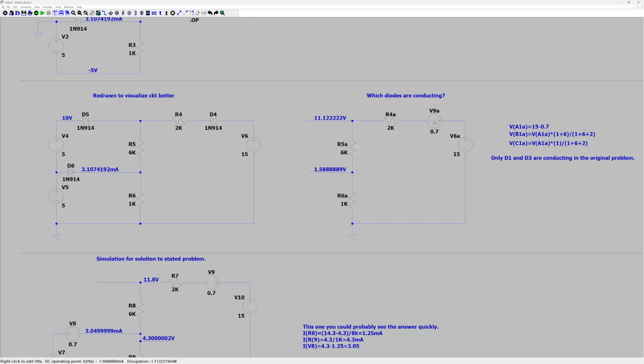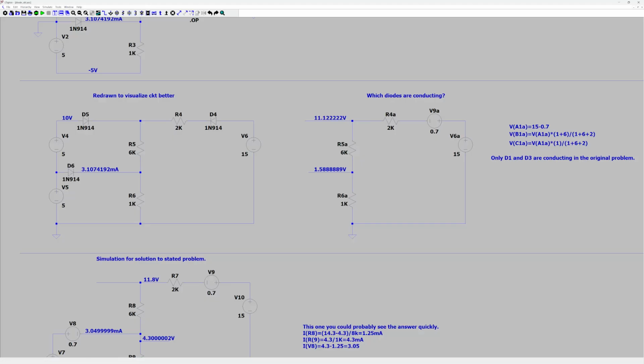And to go over here, basically if you remove what is now D5 and D6, put in a 0.7 volt source for D4, and you can calculate the voltages at VA, VB, and VC.